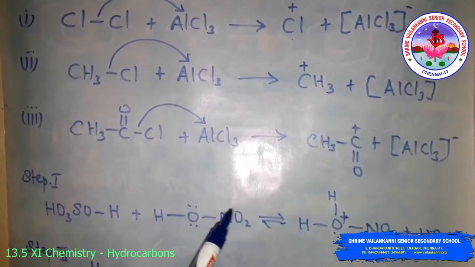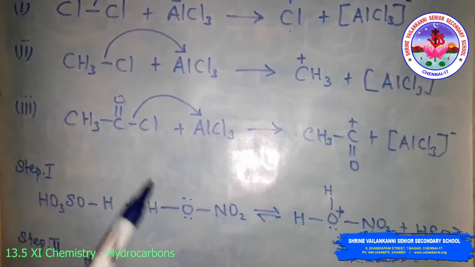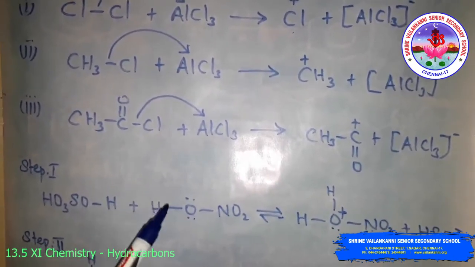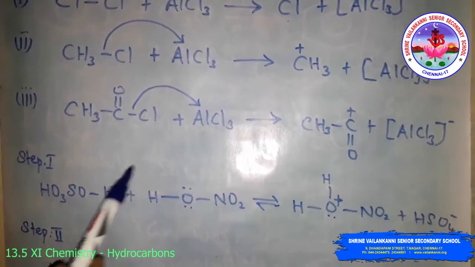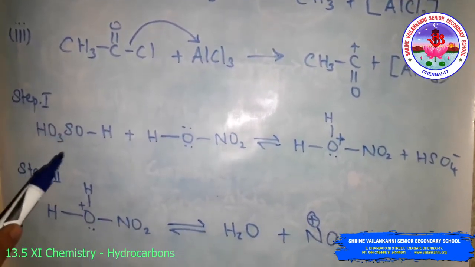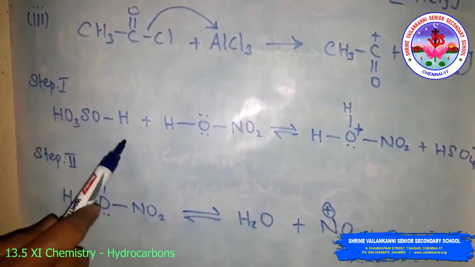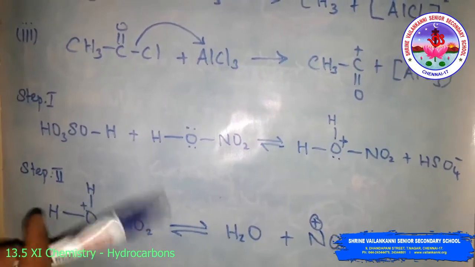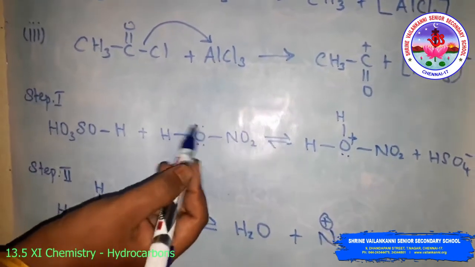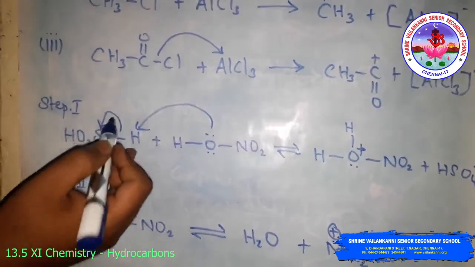So here, in the case of nitration, the electrophilic nitronium ion NO2+ is produced by the transfer of a proton to the nitric acid. See, this is the manner. Suppose we use sulfuric acid, H2SO4, in the presence of nitric acid, and what happens is this lone pair of electrons attacks this and shifts here like this.